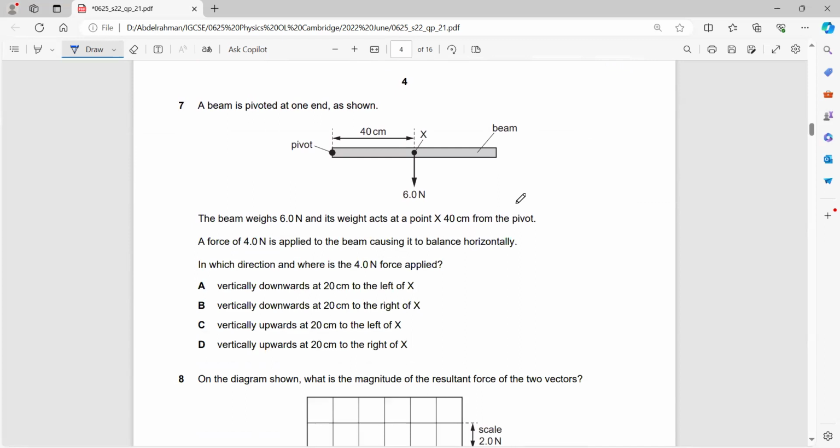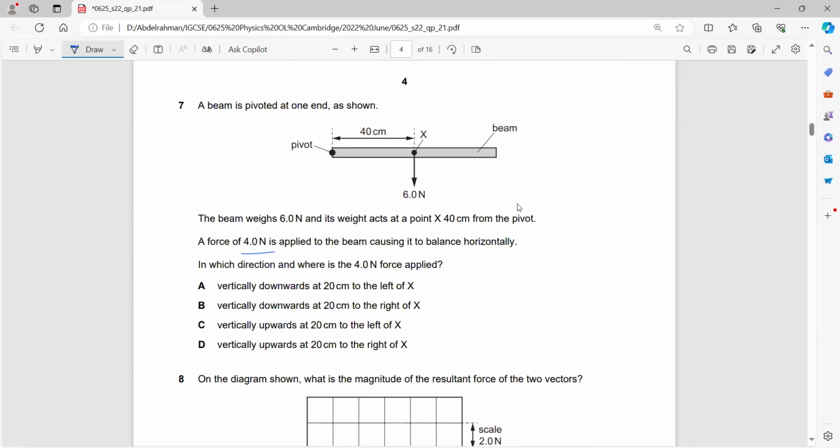A beam is pivoted at one end. A force of 6 newtons, which is the weight, and then another force of 4 newtons is applied to cause the beam to balance horizontally. In which direction is this force? It should be closer to the pivot.